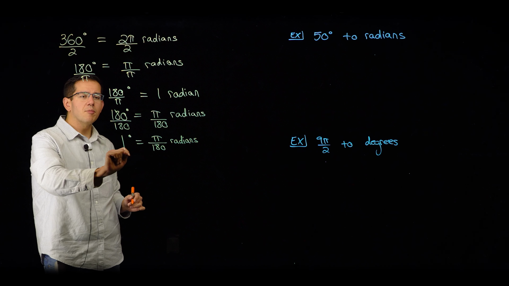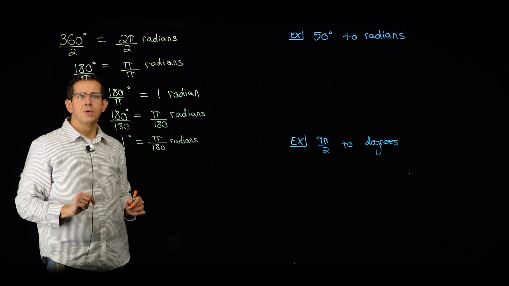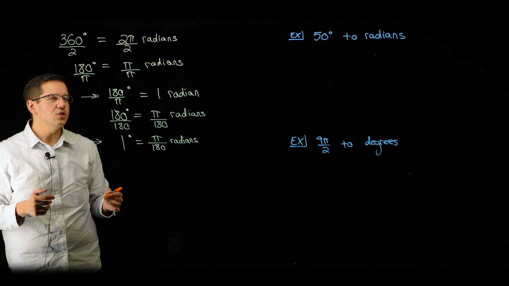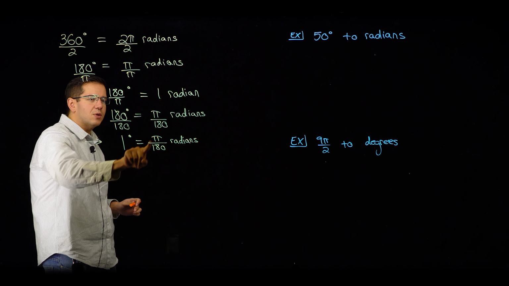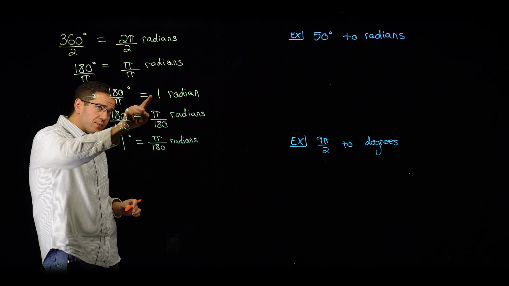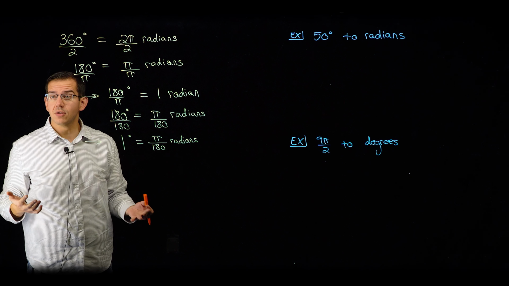And this is our formula when we're converting from degrees to radians. So we can use these two formulas to do our conversions. Whenever you see a degree symbol, replace it with pi over 180 radians. Whenever you see a radian, convert it to 180 over pi degrees.